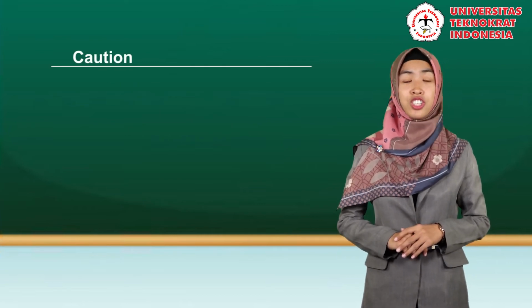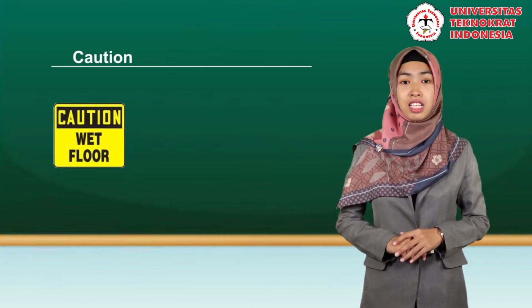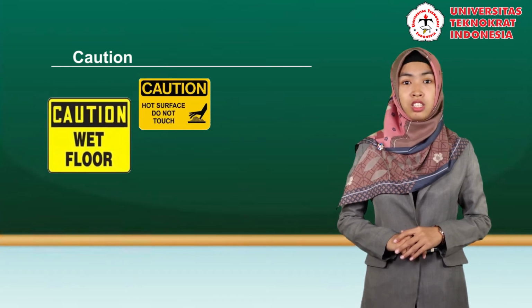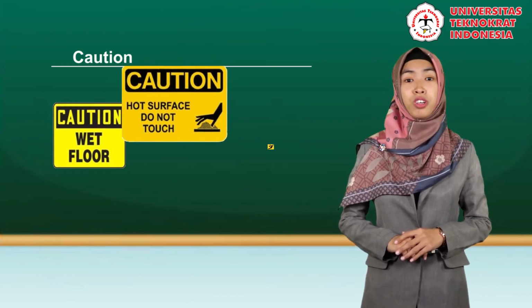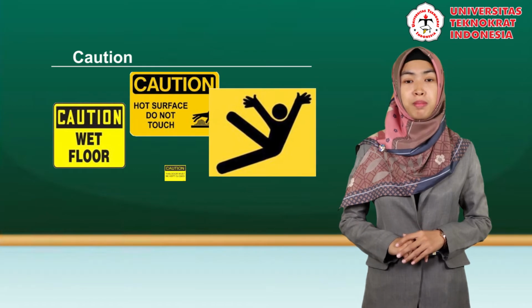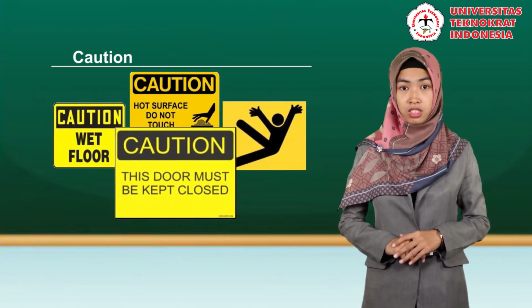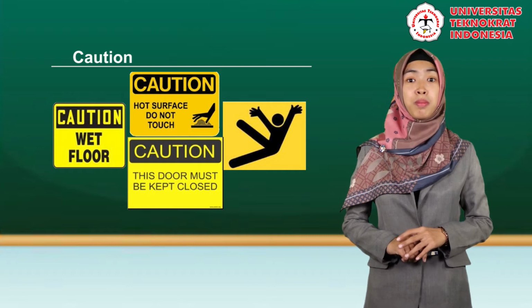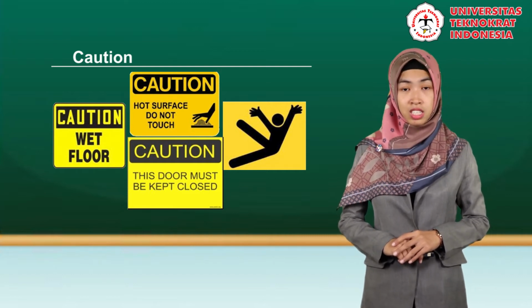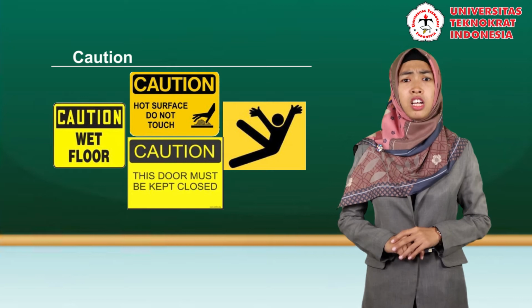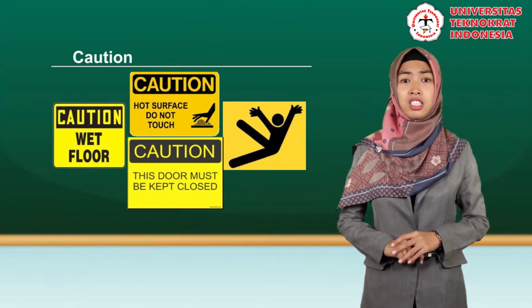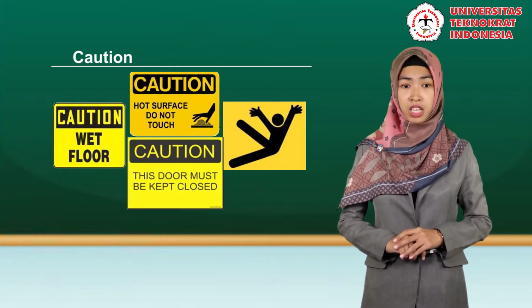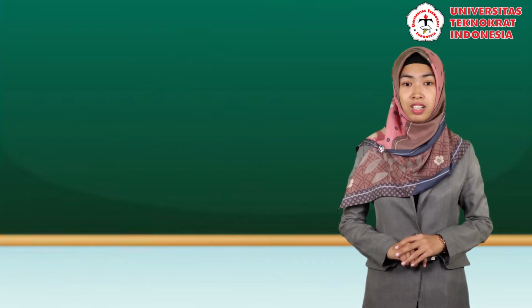It is a short functional text that tells about warning, so the readers will be more careful. For example, when you are in the restaurant and the cleaning service just mopped the floor, you will find a notice that tells you must be careful because it is wet floor, right?